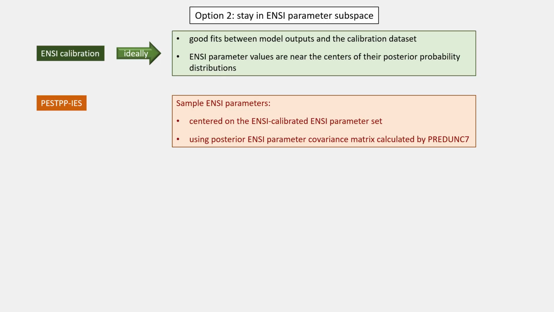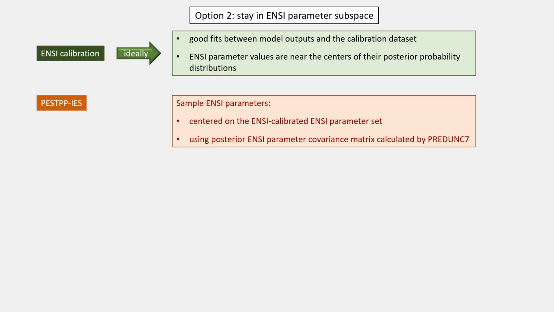We tell PEST-PP-IES that the prior probability distribution of ENSI model parameters is in fact the linearized approximation to the posterior probability distribution of ENSI parameters that PREDUNC7 gave us a while ago. So now we are really giving it a head start. We're centering random parameter field generation on the calibrated ENSI parameter set, and we're telling IES that the prior is in fact a linearized approximation to the posterior.